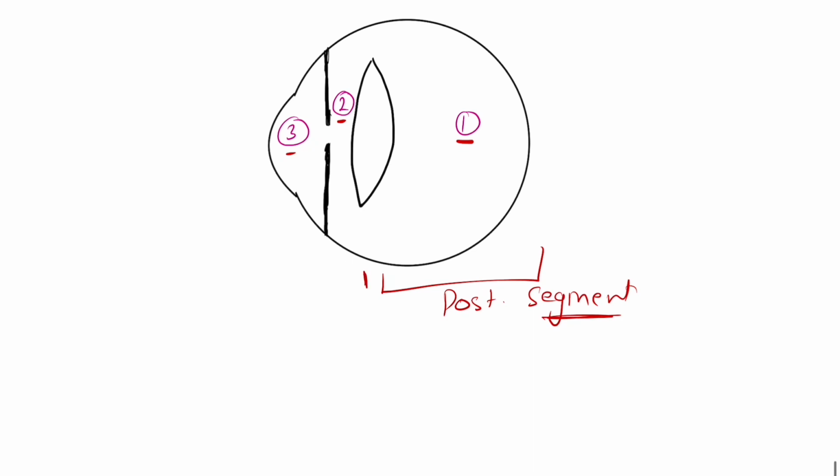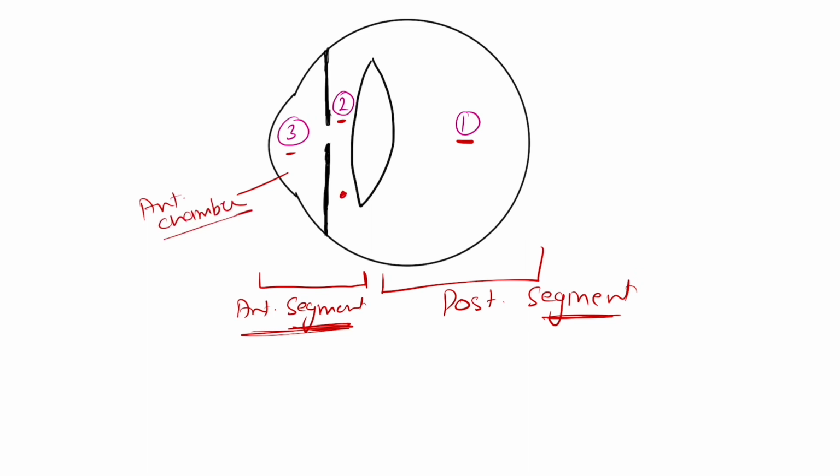And from the lens to the anterior, this is the anterior segment, not chamber again, this is a segment. Now in the anterior segment we have two chambers. This is the anterior chamber, and this one is the posterior chamber.